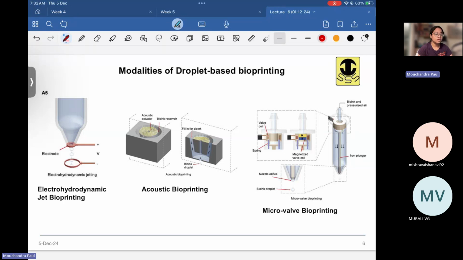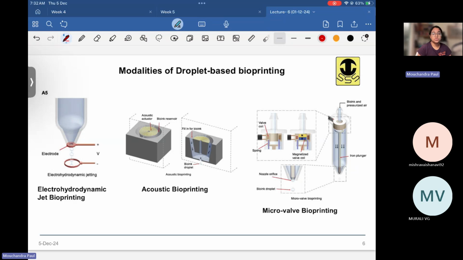But here we are controlling the ejection of the droplets by controlling the movement of the plunger, and this movement of the plunger happens through a microvalve system. This microvalve system gets activated in the presence of an electric field, and when the electric field is applied, the plunger moves up. It allows the bioink to come out.